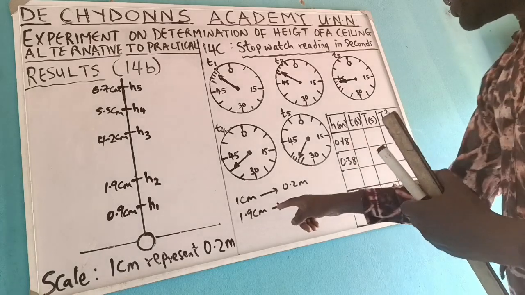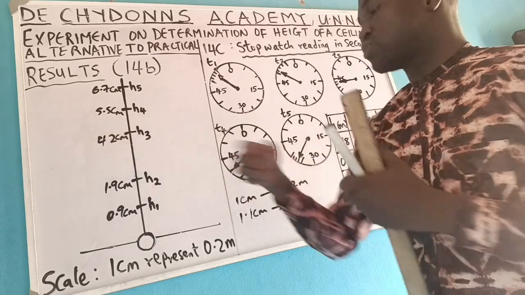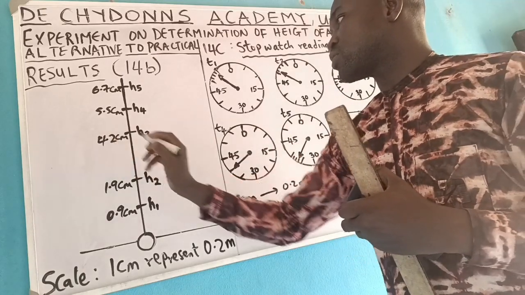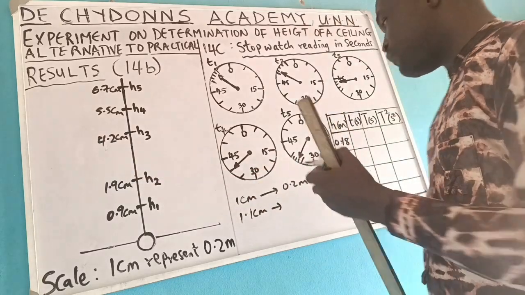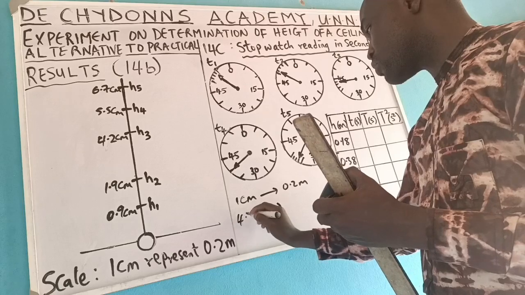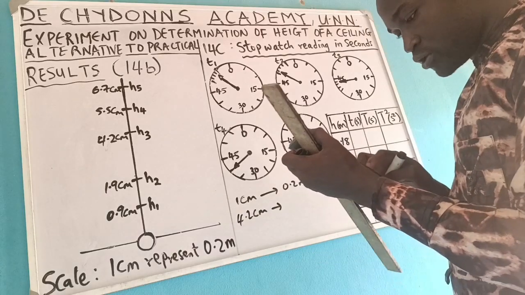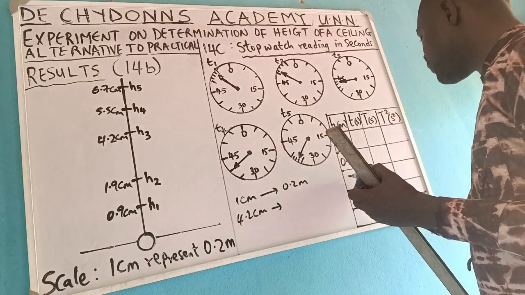Now, for the next one, 4.2. This is 4.2, not 42. So 4.2 times what? 0.2. 4.2 times 0.2 gives you 0.84.